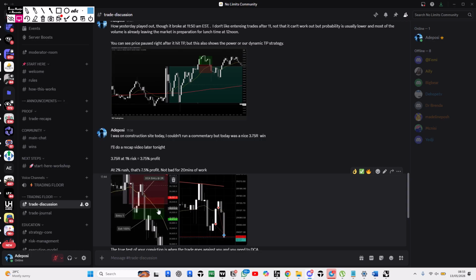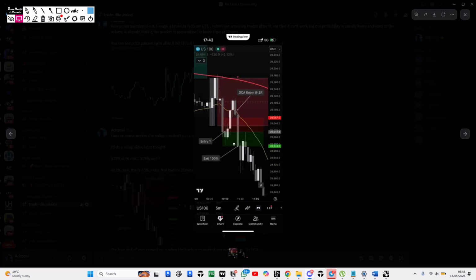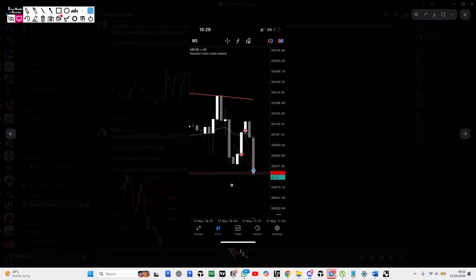So you can see the trade I just showed you on TradingView. This was my view, doing this on my phone. I annotate it so that I can go back and explain the recap to you guys. But you can see my actual execution on MetaTrader 5 on my personal live account.